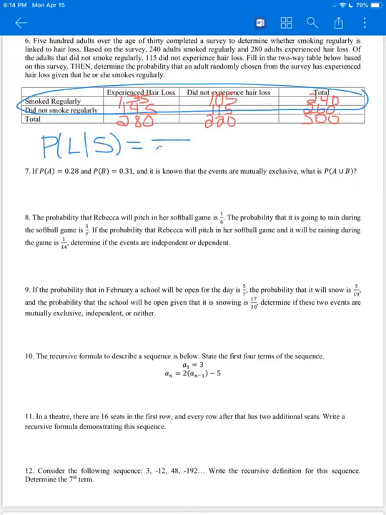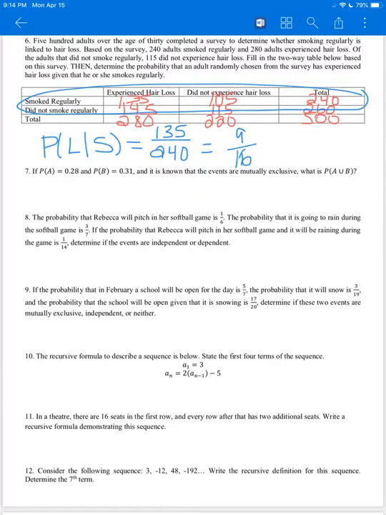So out of the 240 people, 135 have experienced hair loss. So you can do it that way, or you can do it based on the formula and the table, or you can just think about what the question is asking you. So 135 out of 240 ends up giving you 9 out of 16.